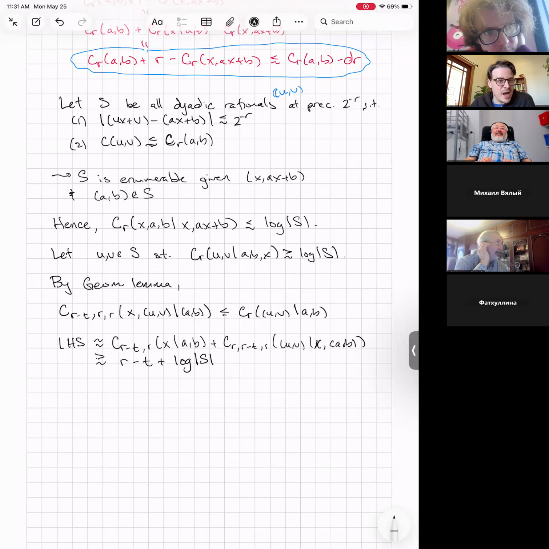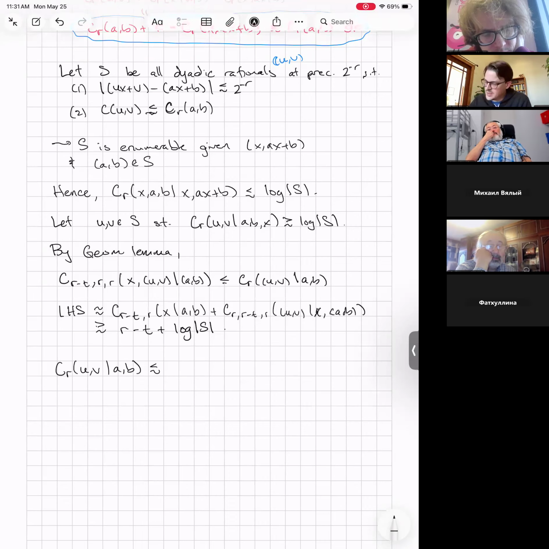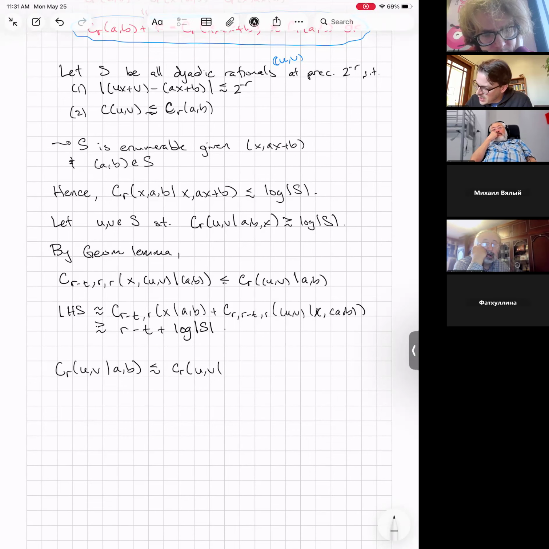I'm now going to upper bound the right-hand side. First of all, we know that u, v and a, b share the first roughly t bits. That's their distance. And of course, more information can't increase complexity.